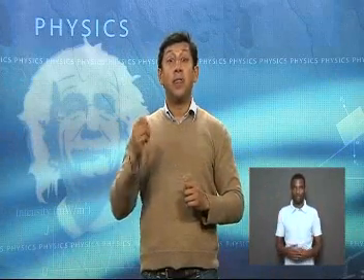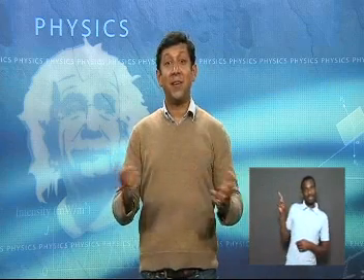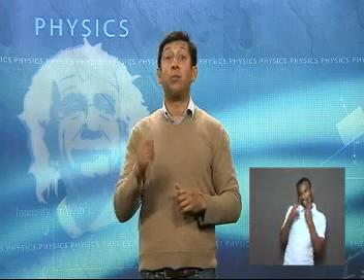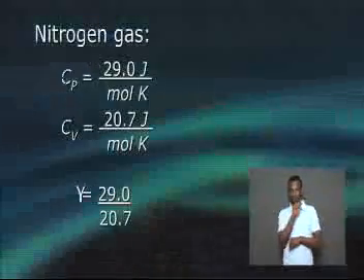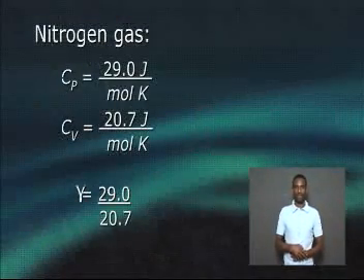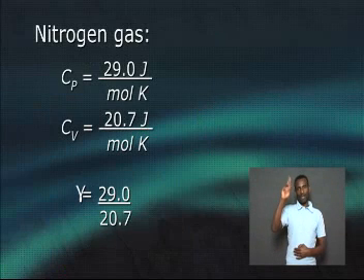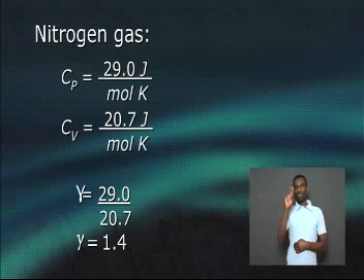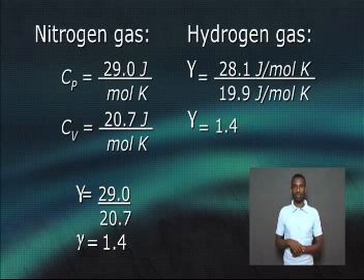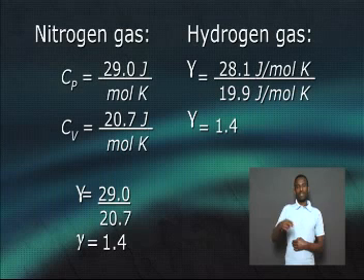Welcome back, students. This activity was easy, but it also illustrates a valuable point. The molar ratio of nitrogen gas is 1.4, while the molar ratio of hydrogen is 1.4.